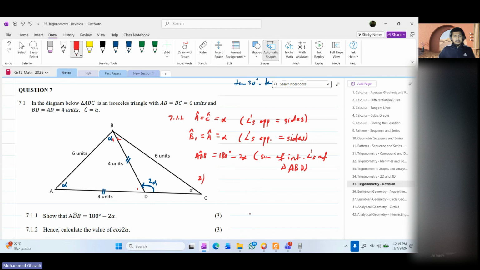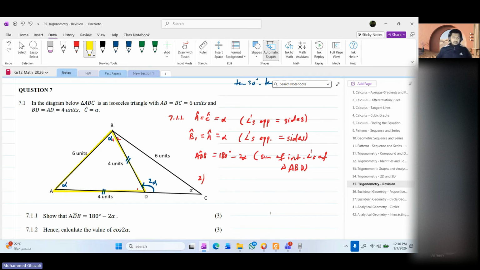Cos 2 alpha. All right, so guys, they want cos 2 alpha. What you're going to do is look at this triangle here. So I think we have to use the cosine rule here. Can we use a sine rule?